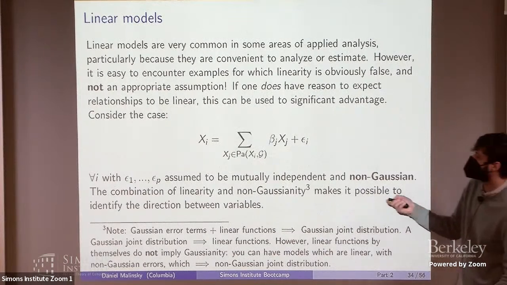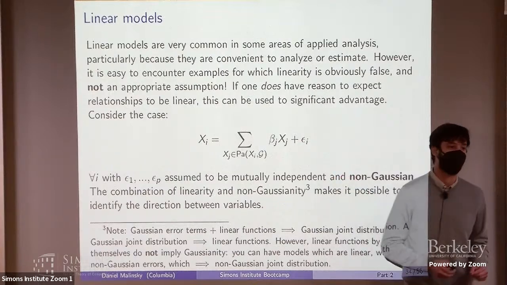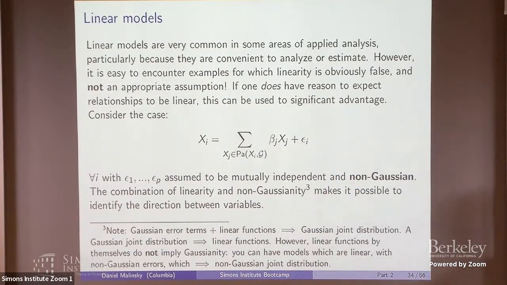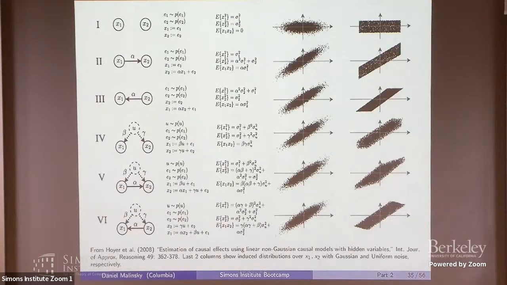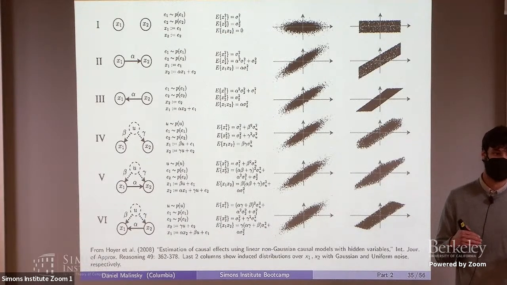In this case, this would be a model in which the epsilons are unspecified, but not Gaussian. An interesting observation, from a paper by Hoyer et al. from 2008, is that non-Gaussianity in the context of linear models induces asymmetries, which you can observe in the residuals from fitting those regressions.